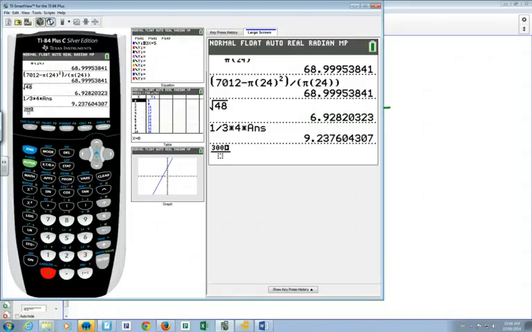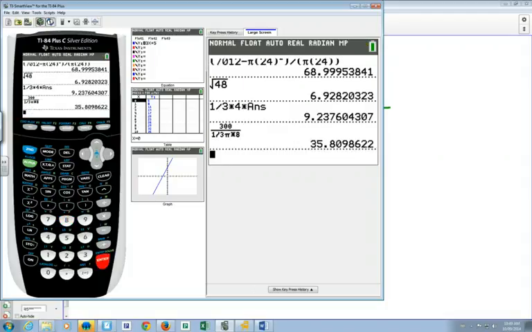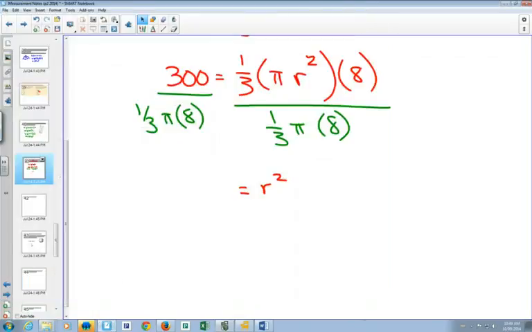And if I type it in exactly as I see it, 300 on top, 1 divided by 3 on the bottom, pi and times 8, or you could put that 8 in brackets, and push enter. 35.8 is what r squared would be.